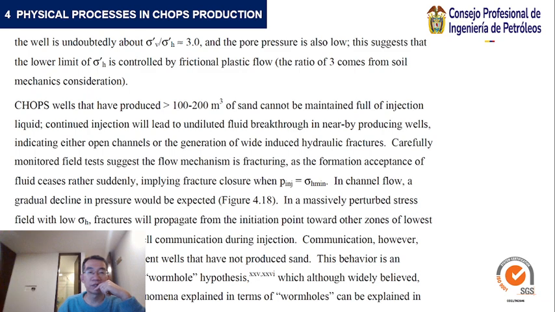Carefully monitored field tests suggest the flow mechanism is fracturing, as the formation acceptance of the fluid ceases rather suddenly, implying fracture closure when injection pressure equals the minimum stress.